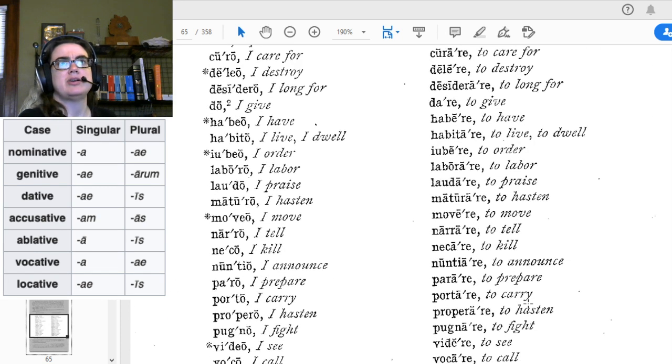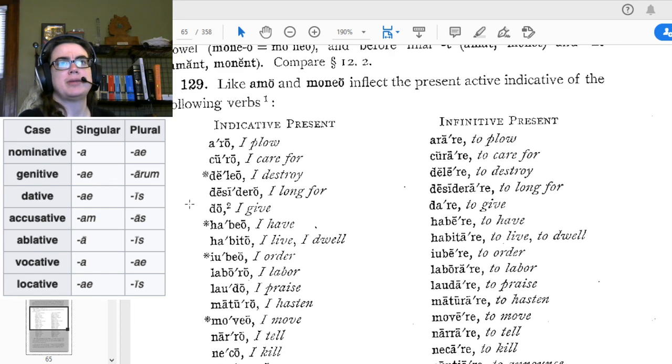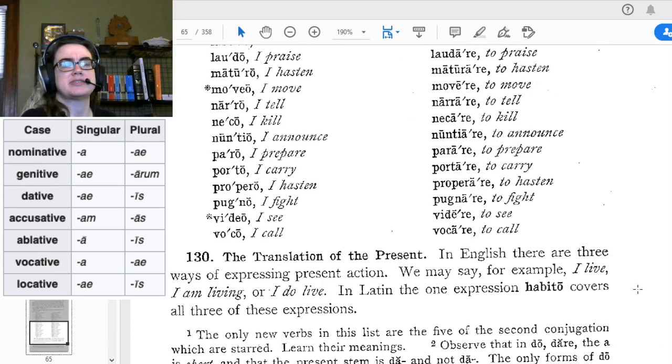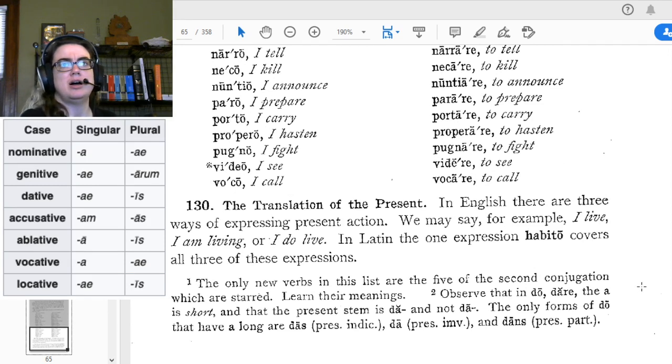Okay, yeah. So there is one irregular they want me to point out. Do, dare, dedi, datum. The infinitive is dare with a short a. So it is slightly irregular. Do, das, dat, damus, datis, dant. And the principal parts are irregular. Because, yeah, it's a super irregular verb, to give.